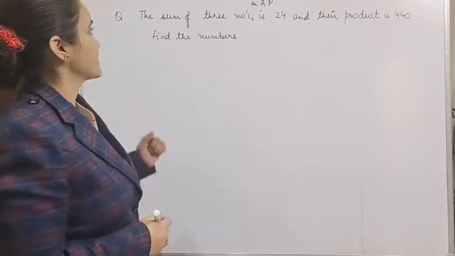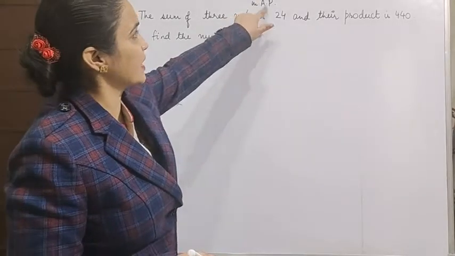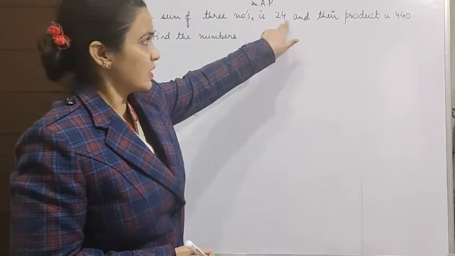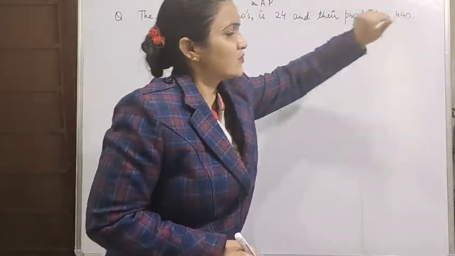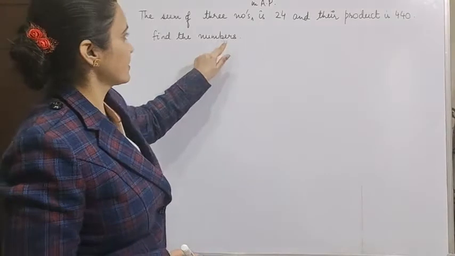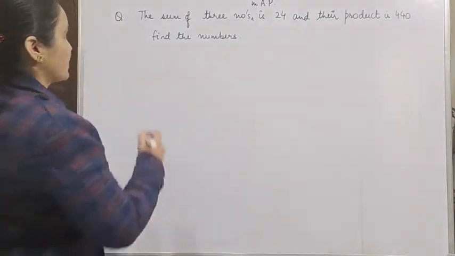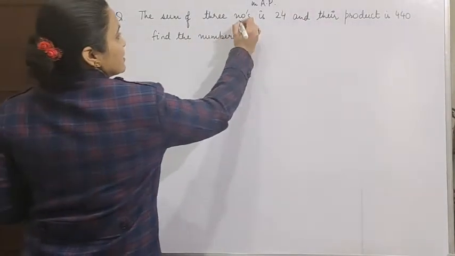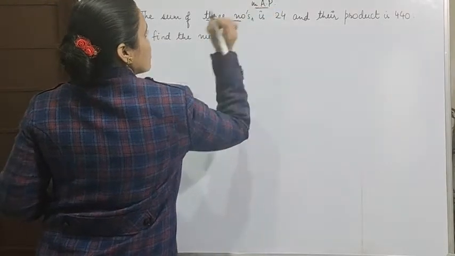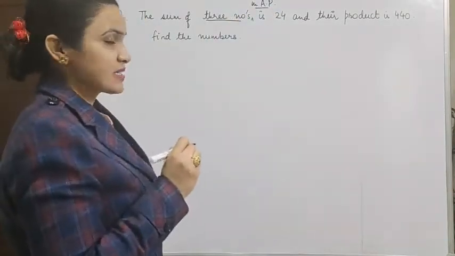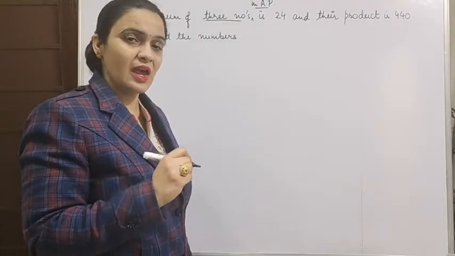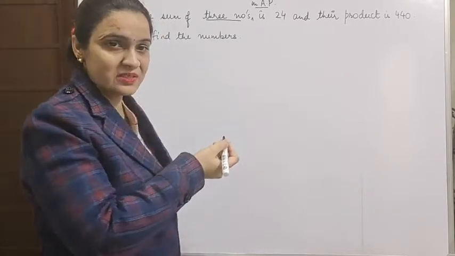First question: the sum of three numbers in AP is 24 and their product is 440. Find the numbers. Solution: let the three numbers be in AP. So we will prefer to take the numbers as A minus D, A and A plus D, as we have discussed earlier.